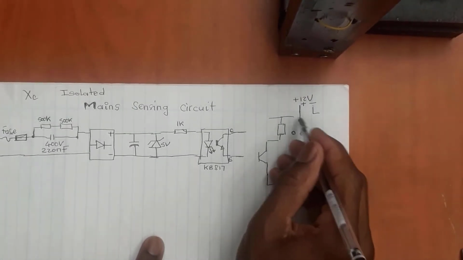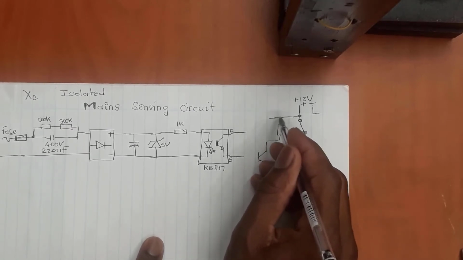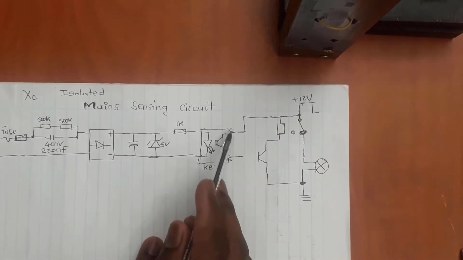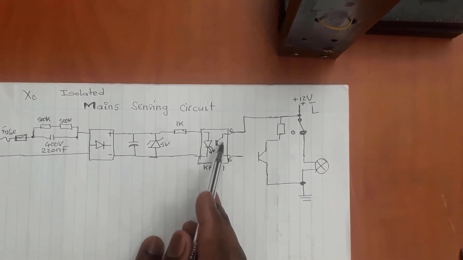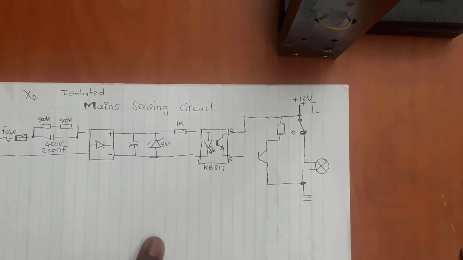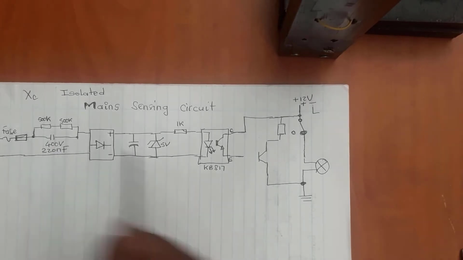The same 12 volt is connected, and that's the one powering the relay and also the collector of the transistor inside the opto isolator, the optocoupler. So what will happen when MEMS is present?